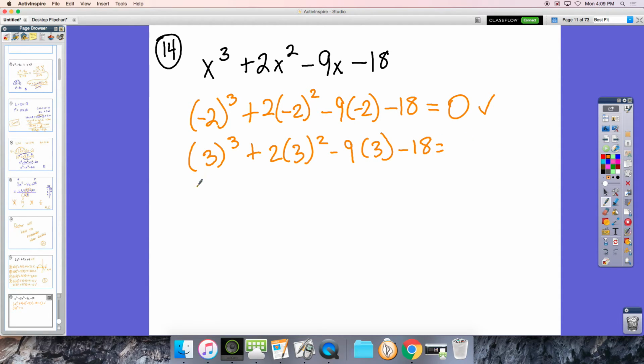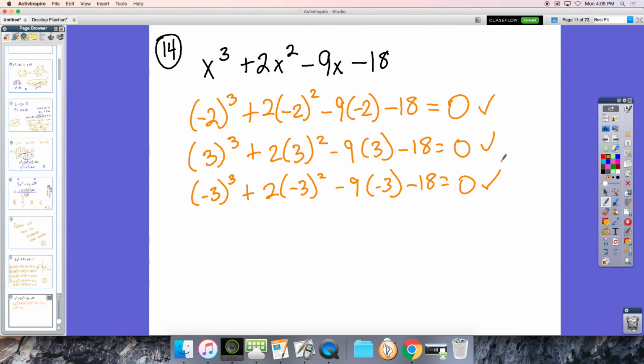See if that gives you 0, and then also -3, which are your other choices for A. And they both give you 0, so your correct answer is A.